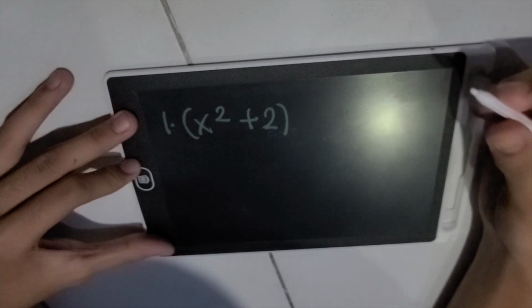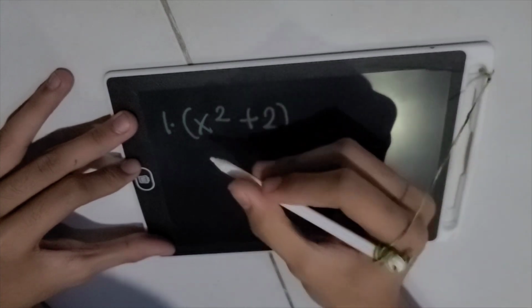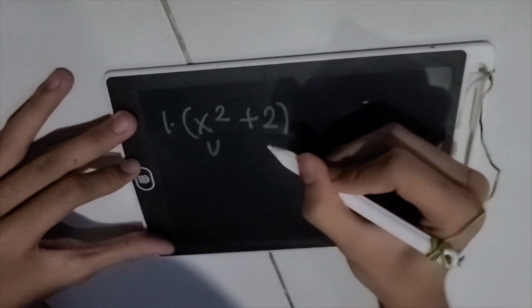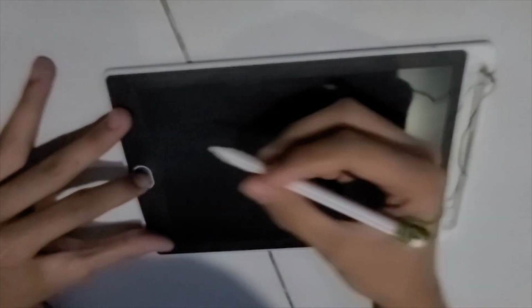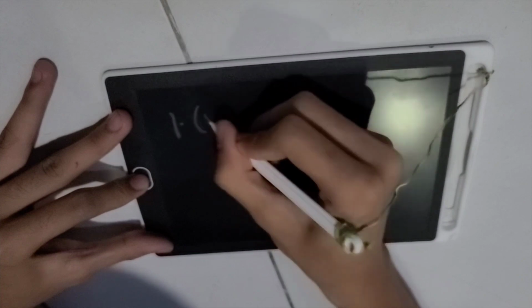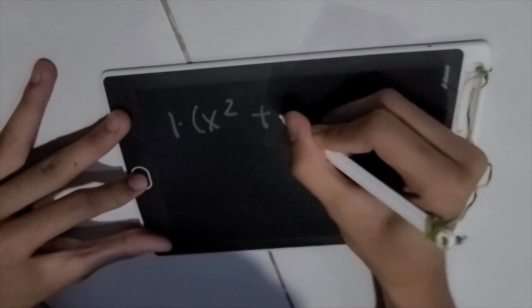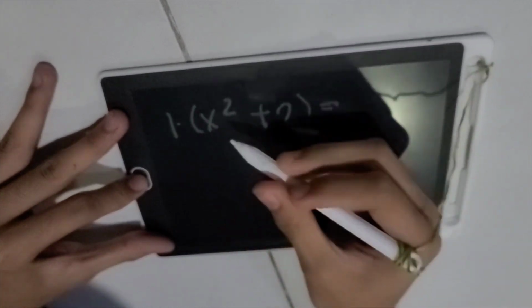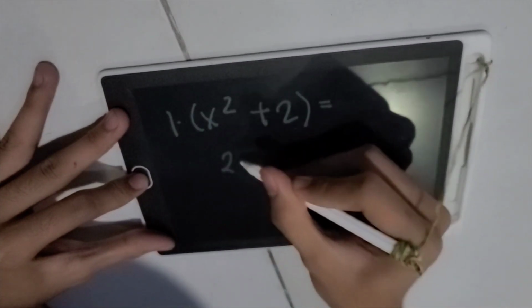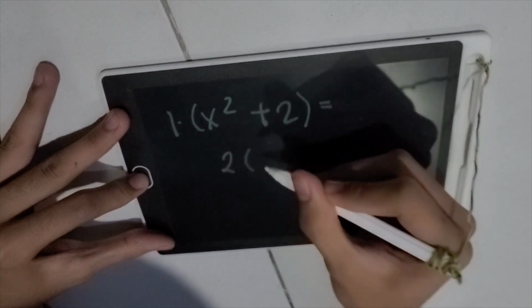So, una, identify natin ang u and v. Ang u natin dito ay ang x squared. Ang v naman natin ay ang 2. So, para makuha natin ang derivative, ang 2, i-multiply natin siya sa x. So, magiging 2x.